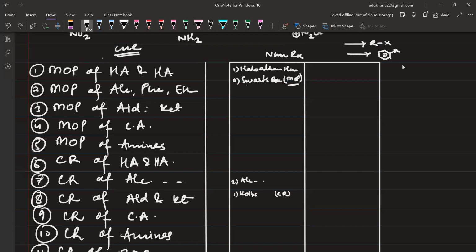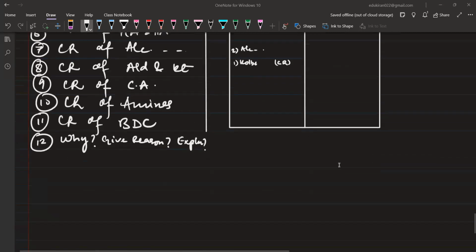Or you can use some of your time, some of your brain in order to remember it. See, this is one thing, that is name reaction. So you will have one sheet of what? 13th is name reaction. You'll have one sheet for name reactions.